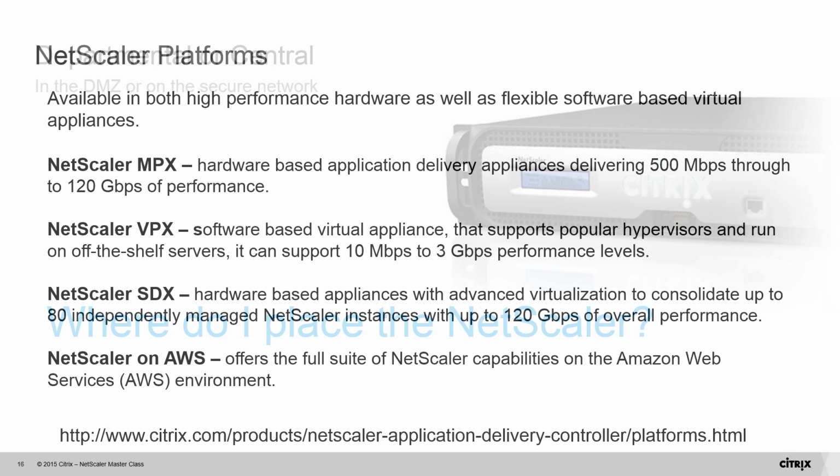Or how about this? The applications team have a specific requirement for load balancing, and rather than incorporate it into your global load balancing plan, you could simply provide them with a VPX instance that's running off an SDX, or just a VPX running off one of the other hypervisors.